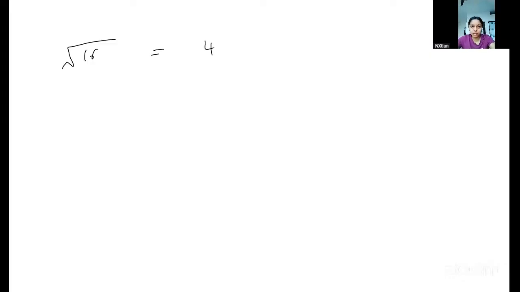Okay, so we did square root. Now, today we will see how we can find a square root of a perfect square by factorization.